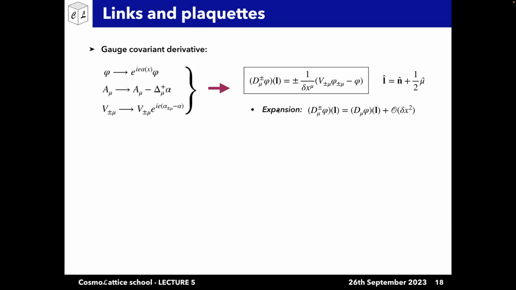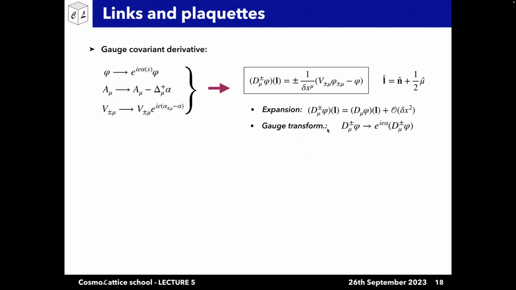Then we can show that if we now take this and expand in the lattice spacing or in time step, this lattice operator recovers the continuous covariant derivative up to second order in lattice spacing. So we can use this to discretize the action or the equation of motion in which this term appears.